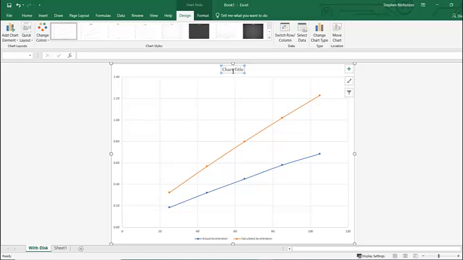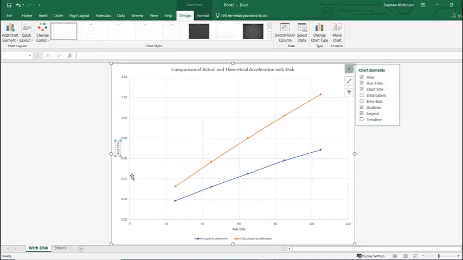And we'll put a chart title up here. So let's go click on chart title, say comparison of actual and theoretical acceleration with disk. Okay. We need axis titles, so I think if we click on the graph, go to this plus sign, click you want axis titles.